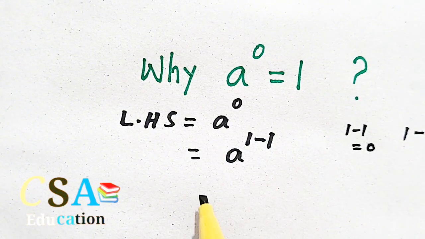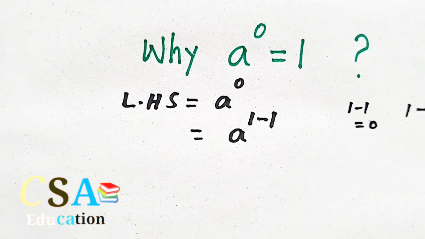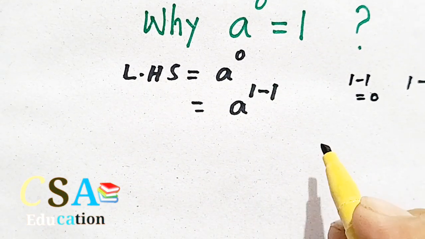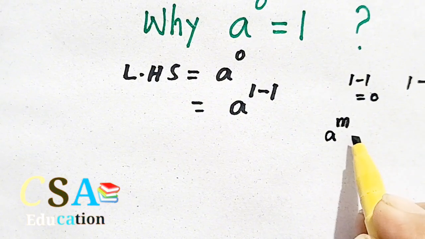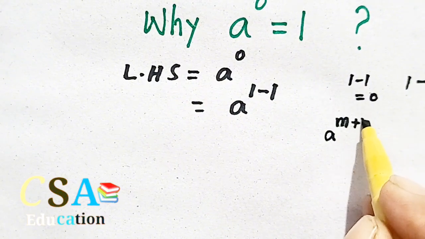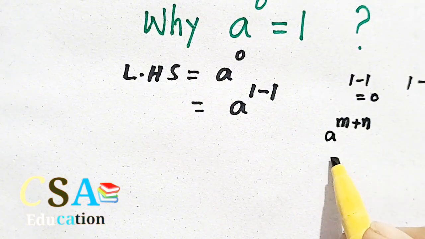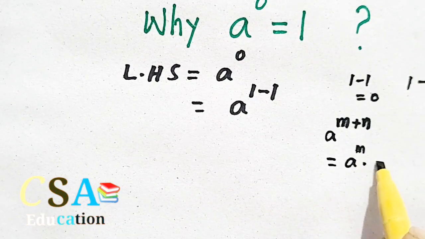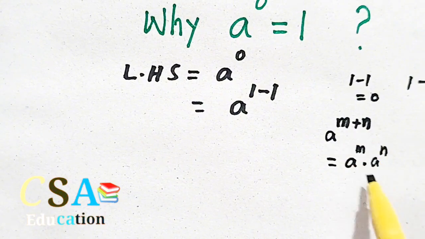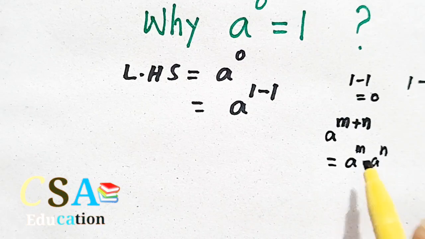So, we have a rule, and the rule is a raised to power m plus n. We can write it as a raised to power m times a raised to power n. Here it's addition, but when we separate the bases, it will be multiplied.